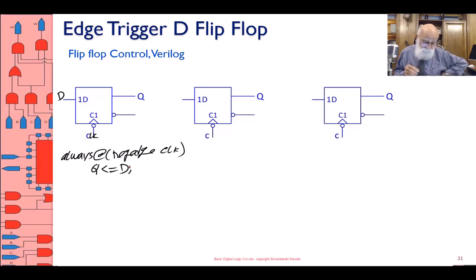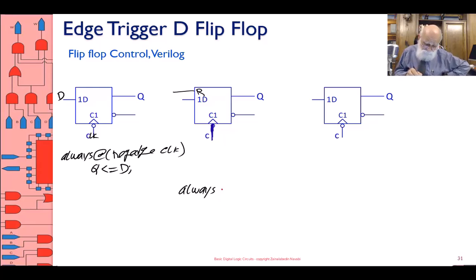And if I add an asynchronous reset active high, then this becomes always. Let's do two changes. Make that active high and remove this bubble.